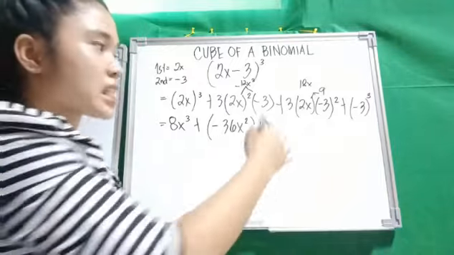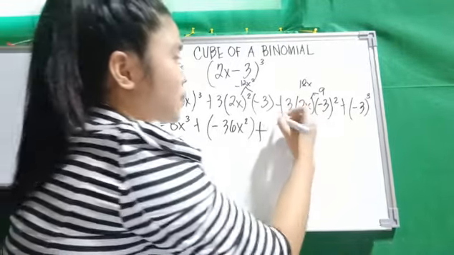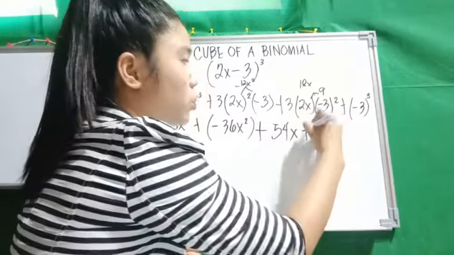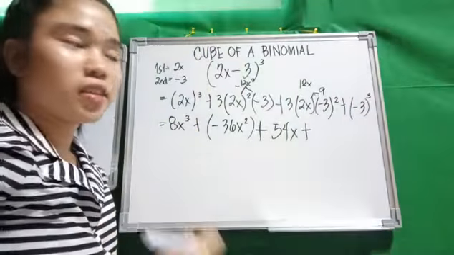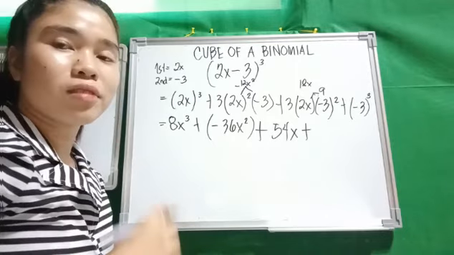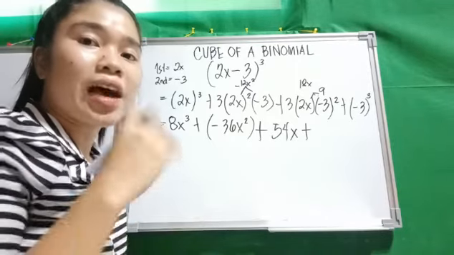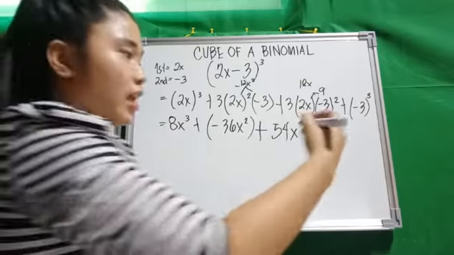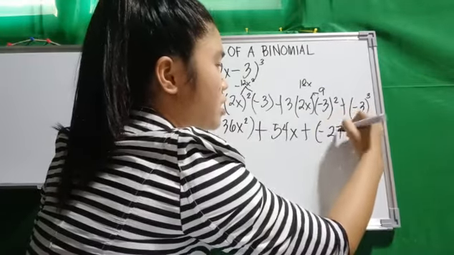Then 18x times 3 will give us 54x. Then the last one is to cube the second term, which is the negative 3. So, negative 3 times negative 3 will give us positive 9. Positive 9 times negative 3 ulit will give us negative 27.